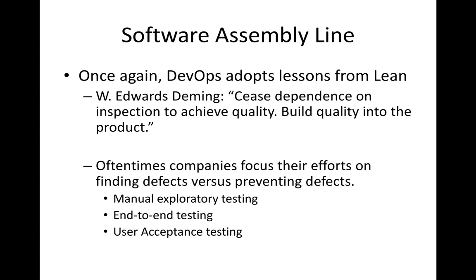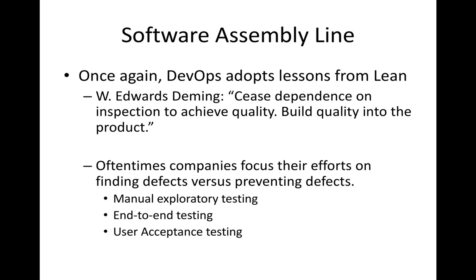Well, the reason that DevOps organizations look at software development as an assembly line, once again, comes from the lessons that were taught to us by the Lean community. There was a very famous proponent of Lean, and he was one of the first to really study Lean and bring Lean concepts over to the United States and Europe, and that was W. Edwards Deming.